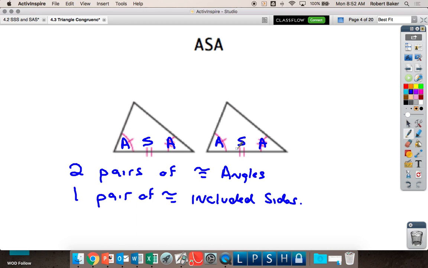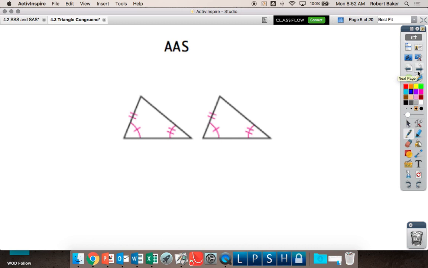The last one that we're going to talk about is rarely used, but it is possible. The angle, side, or you can say side, angle. It goes both ways.